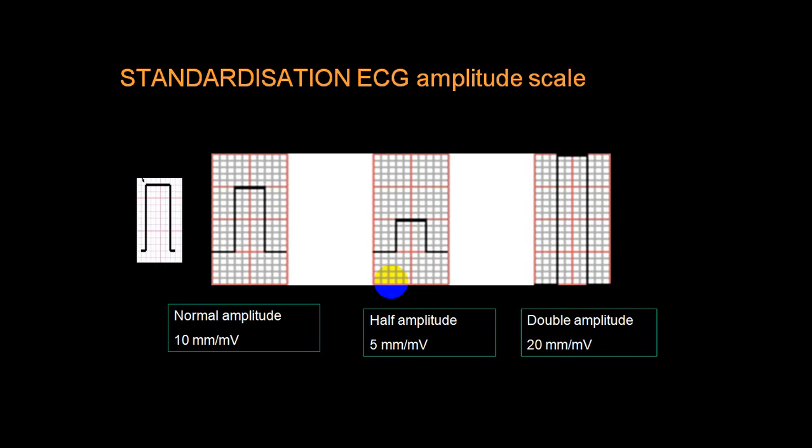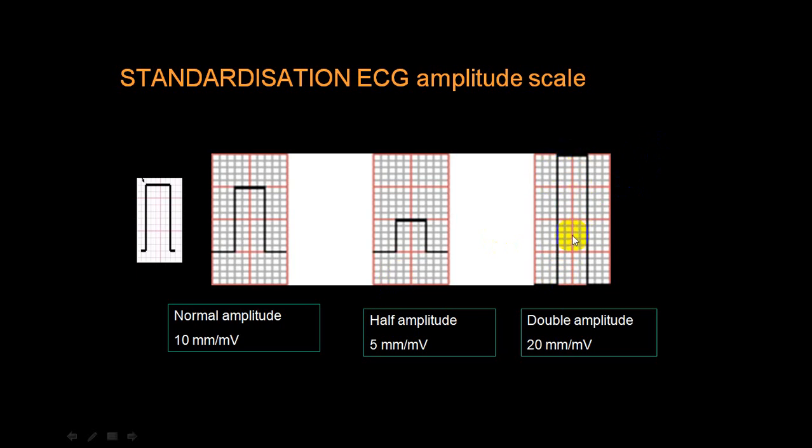The opposite is in case of a low voltage QRS. If the amplitude of the QRS is very small, 2 millimeter, 3 millimeter, and you can't see the QRS complex clearly, the ECG can be taken at 20 millimeter equal to 1 millivolt, which will increase the size of the QRS complex to double the original size. Before reading, always look at the amplitude of standardization.